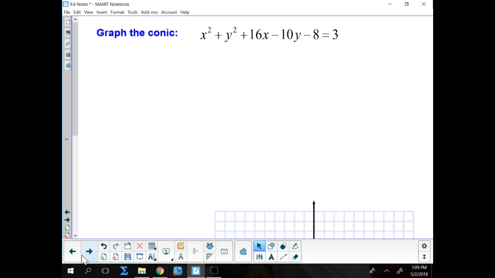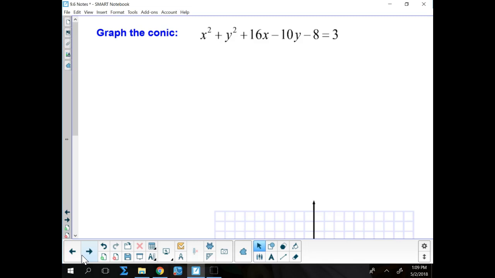What do I look at to determine circles and ellipses? It's a C word. Coefficients. So what are the coefficients on the squared terms? 1s, and in this case they're the same. So therefore that makes it a circle.